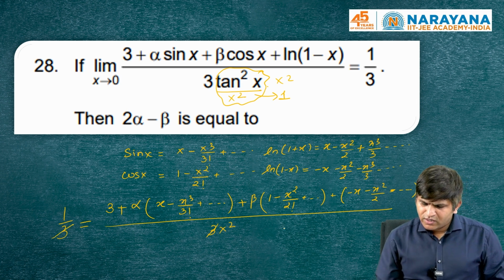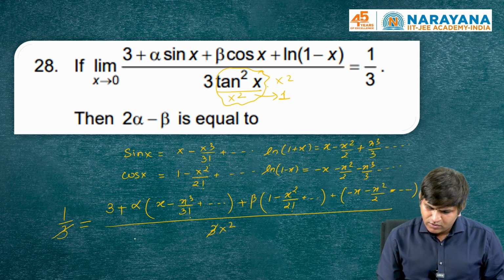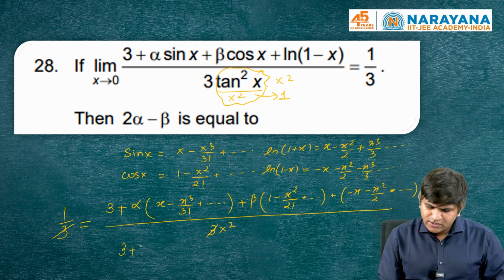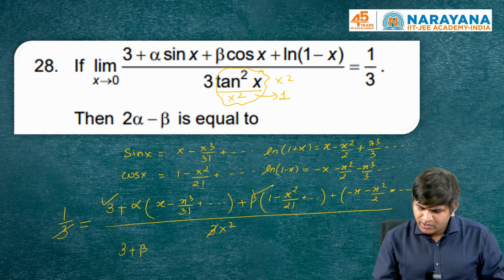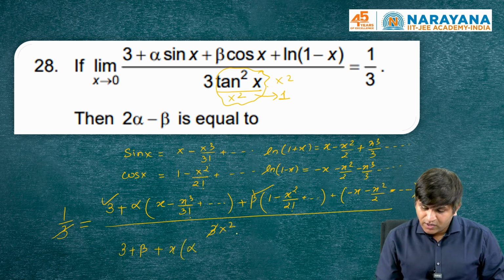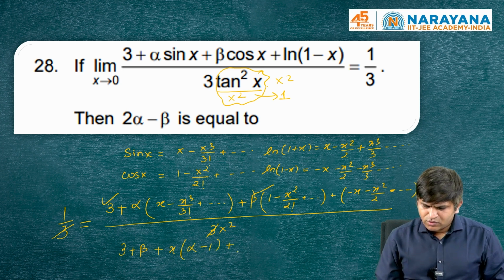So now we are going to collect the constant terms in the numerator. So that will be 3 plus beta, 3 and beta from here. Then if we collect the coefficient of x, we will get x common, alpha, and from here minus 1, and rest of the terms, and the whole divided by x squared.